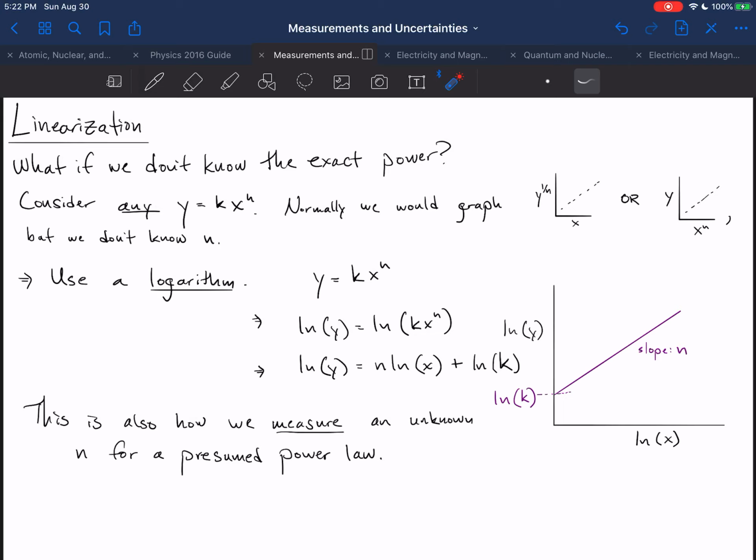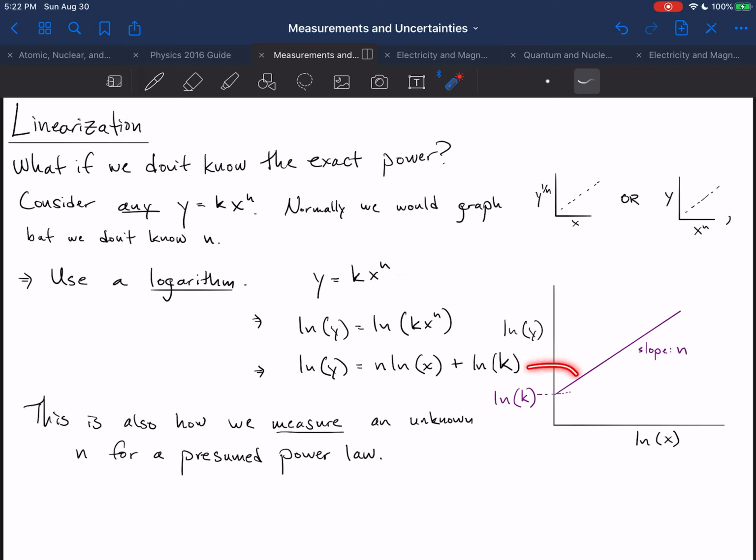So if it turned out that exponent was a 4 rather than a 5, which perhaps we didn't know, that would tell us something about the relationship between y and x. And although we had to assume that it was in the form of a power law, it turns out that we could discover what that power was.